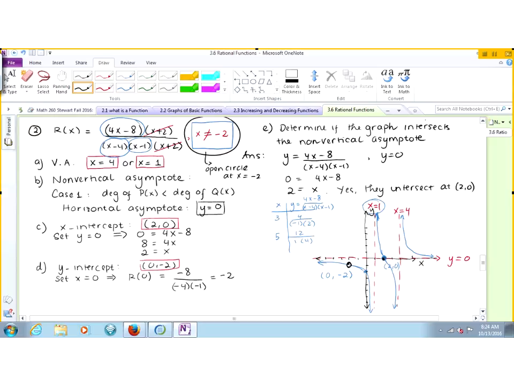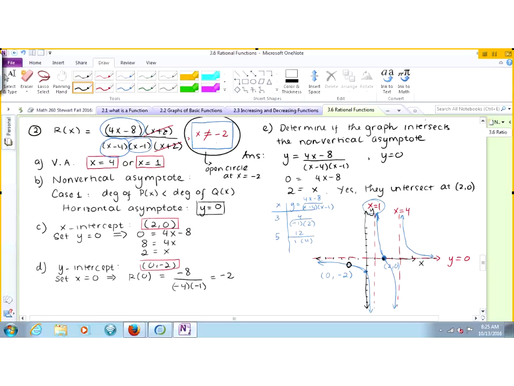How about these? Be careful. I have a hole here. What is the domain of this function? Negative infinity to -2, -2 to 1, 1 through 4, 4 to infinity. Right? Why is that? Because I cancel this. You see?